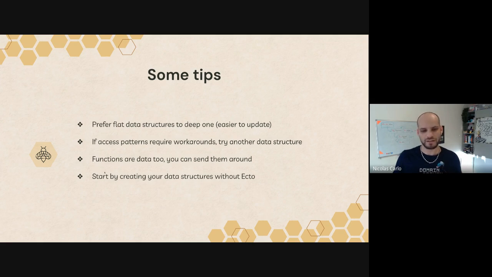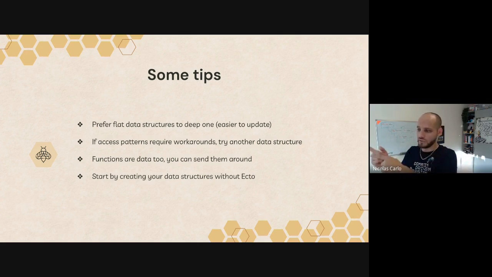Okay, and finally, functions are data too in Elixir. So you probably know it, but you can pass functions as parameters. That's also something that I never used, but imagine you have an application with processes that need to scale and you have a lot of data to send from a process to another, but the data could be derived from a function.